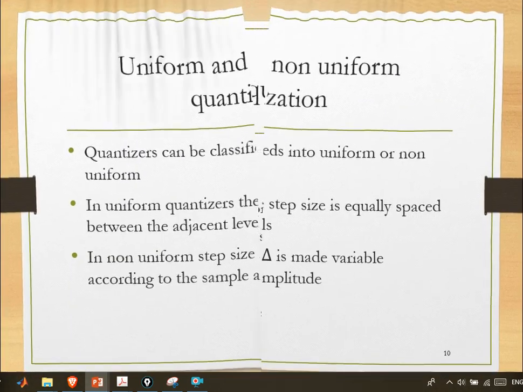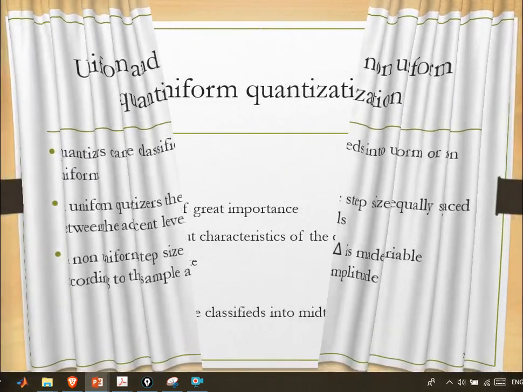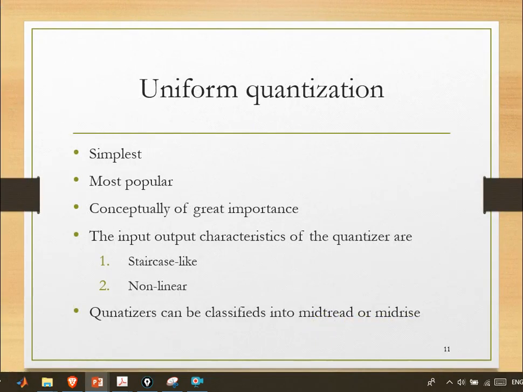Uniform and non-uniform. We have uniform quantization, which is the simplest one, most popular, and we have two types of it. Quantizers can be classified into staircase-like or nonlinear, and we have mid-tread and mid-rise.